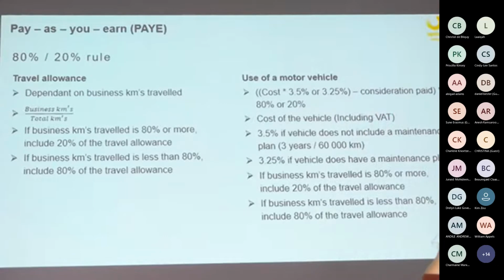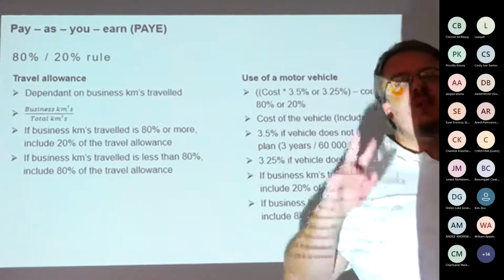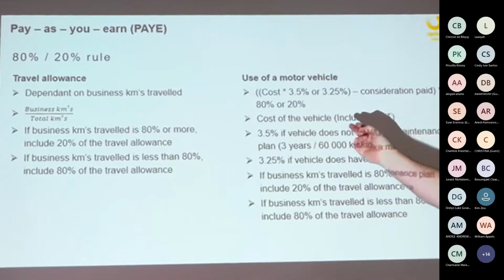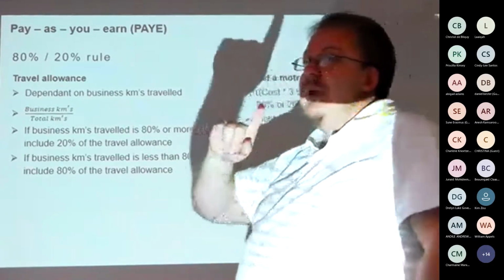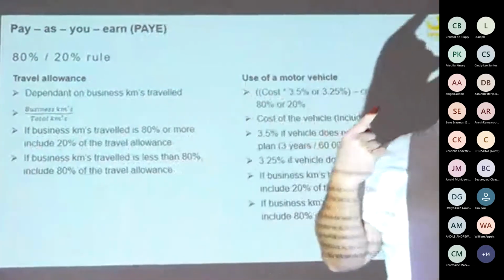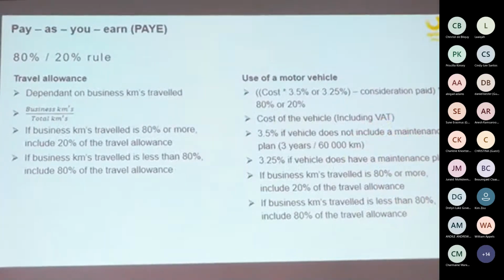Then you multiply it by a percentage. This percentage can be one of two percentages, either 3.25% or 3.5%. This percentage will usually be given to you in the exam if you study ICB. 3.5% is used if there is no maintenance plan on the car, so the car was not bought with a maintenance plan.